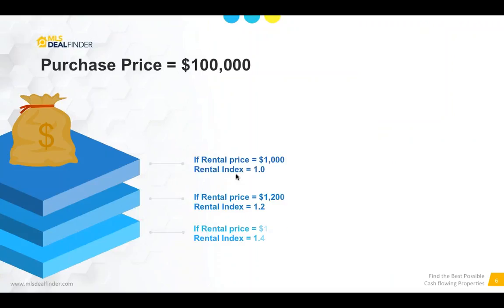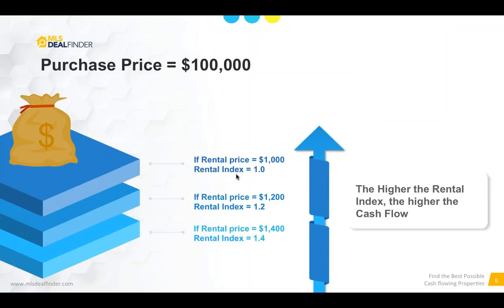If we stay with that purchase price of $100,000 and we look at the rental price, if we can rent a house for $1,000, the rental index would be 1.0. If the rental price is $1,200, then the rental index is 1.2, and so on and so forth.